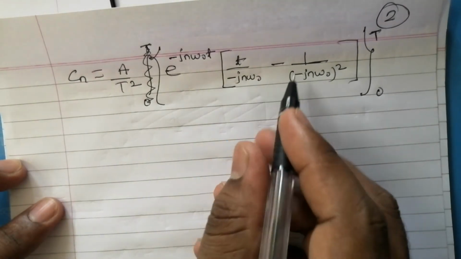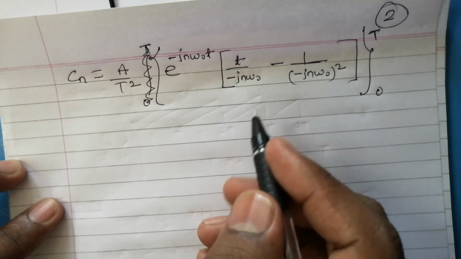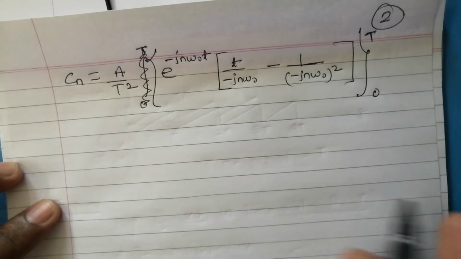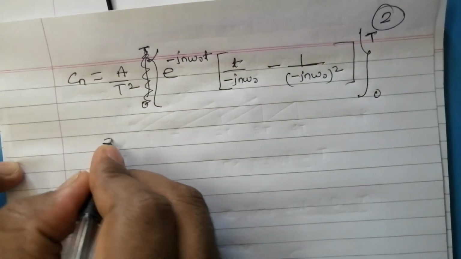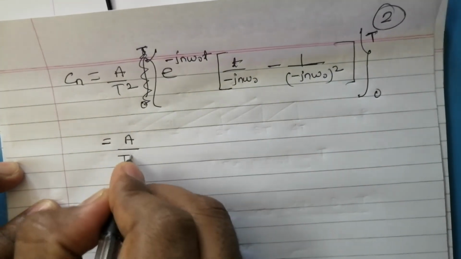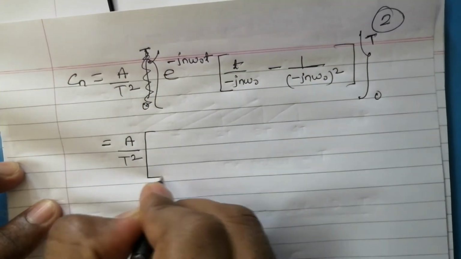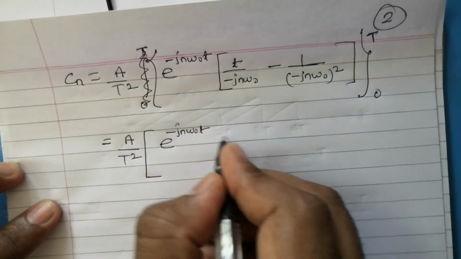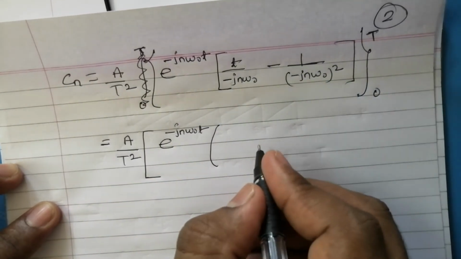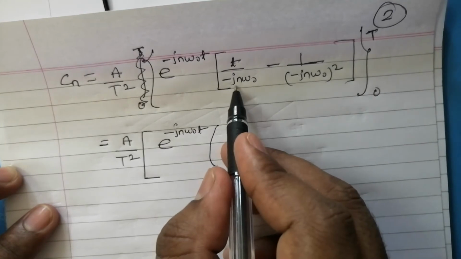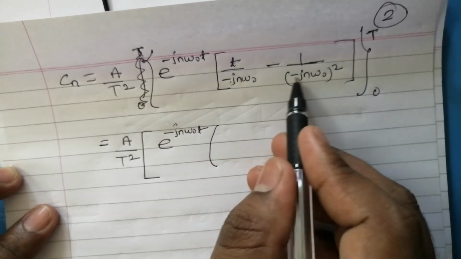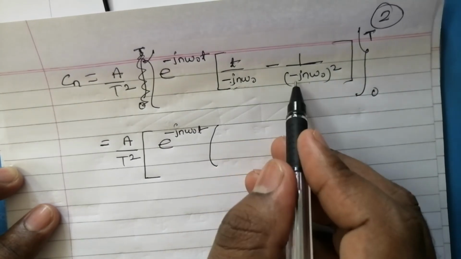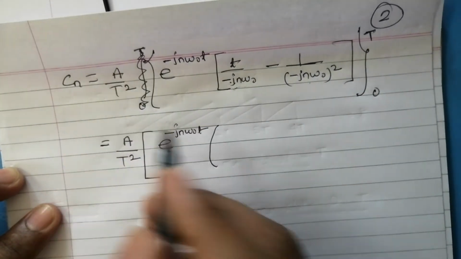Now let us simplify this part first, then we will place the results. So this is A upon T square e raised to power minus jn omega naught t in bracket. Here we have minus jn omega naught, here again we have minus jn omega naught, so we can take this minus jn omega naught common and write it outside.